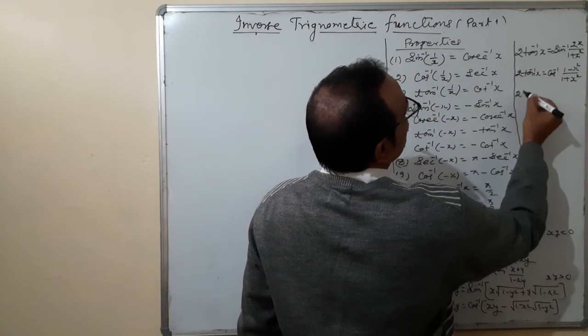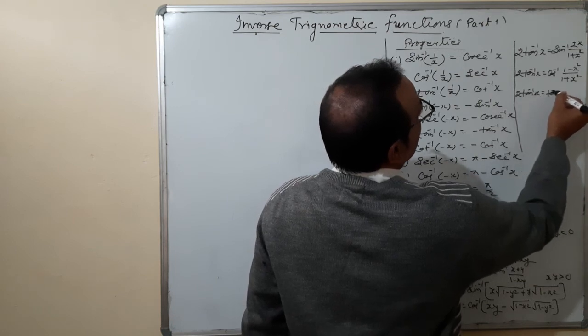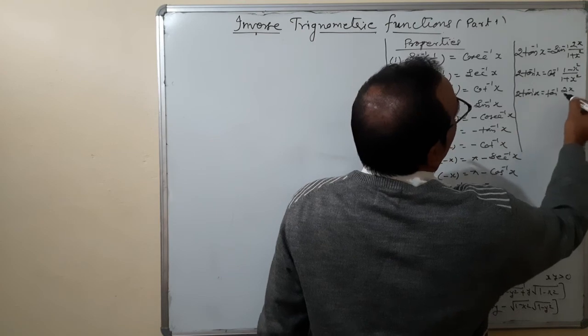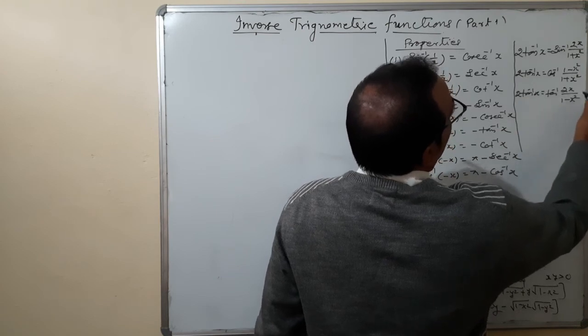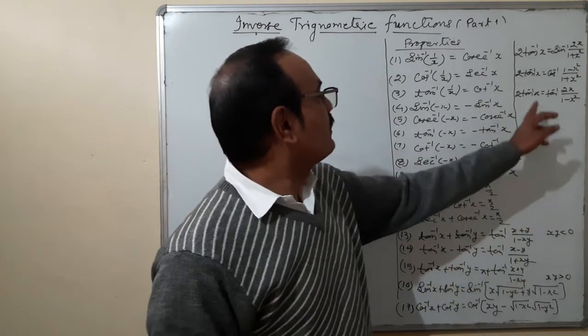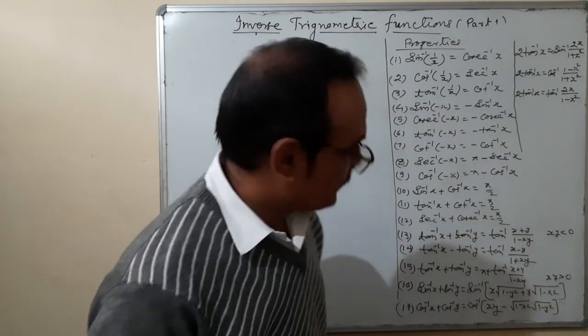And third one is 2 tan inverse x is equal to tan inverse of 2x upon 1 minus x square. Okay, 2 tan inverse x is equal to tan inverse 2x upon 1 minus x square.